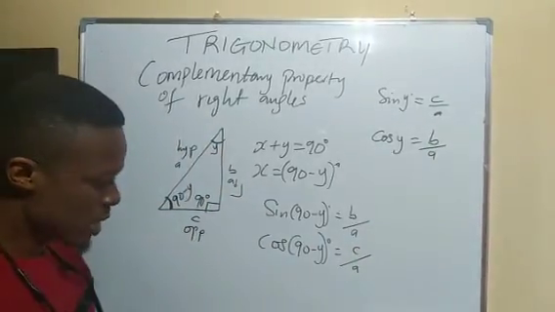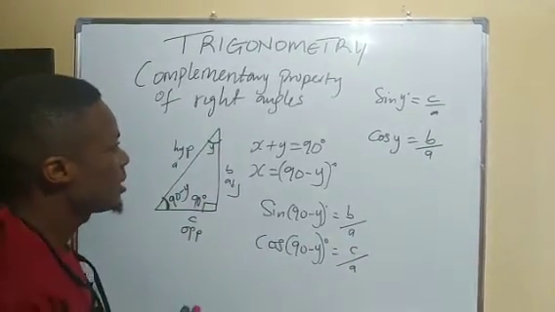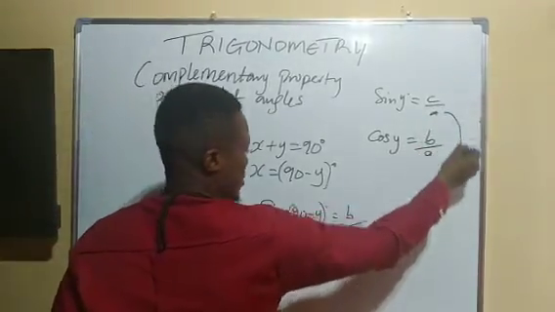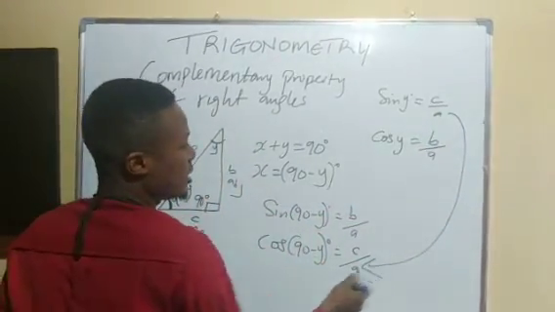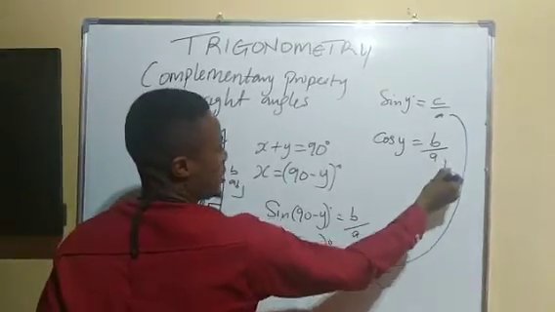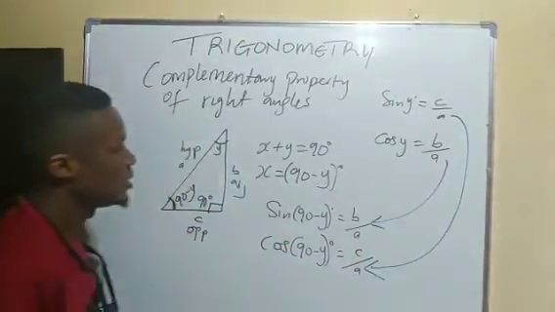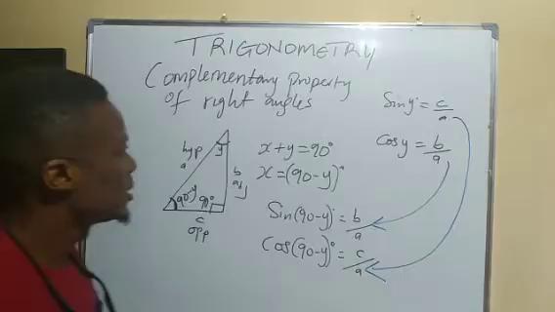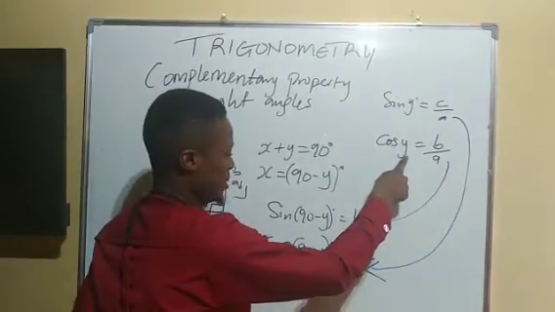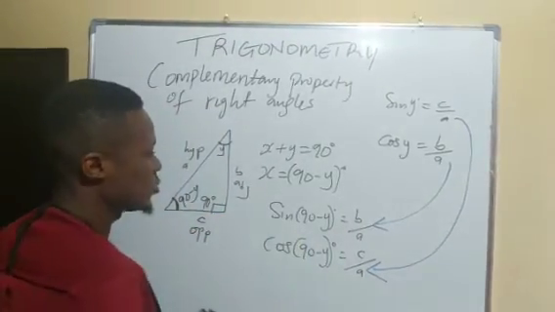Okay, now what are you observing here? You'll find out that this value c over a is the same thing as c over a here, and this value b over a is the same thing as b over a here. So therefore, we can conclude that cos y is equivalent to sine 90 minus y.